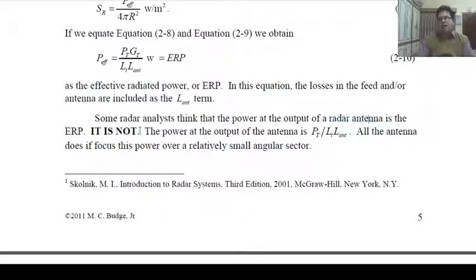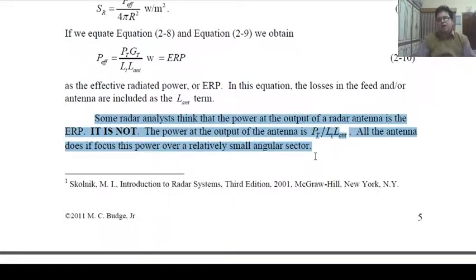The power at the output of the antenna is P_T upon L_T L_antenna. All the antenna does is focus this power over a relatively small angular sector. So, understand this point clearly.